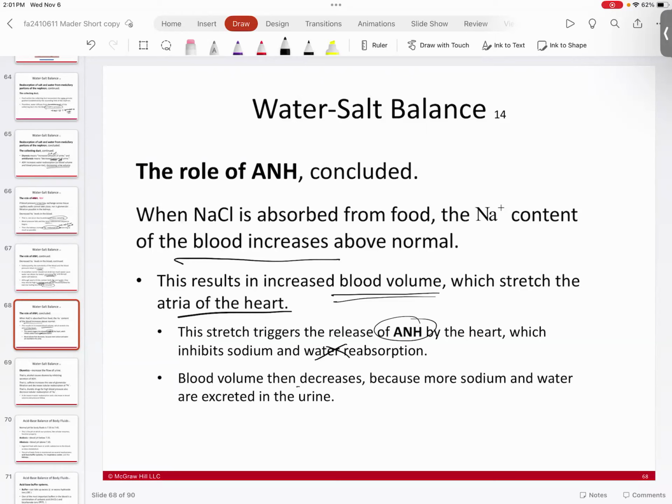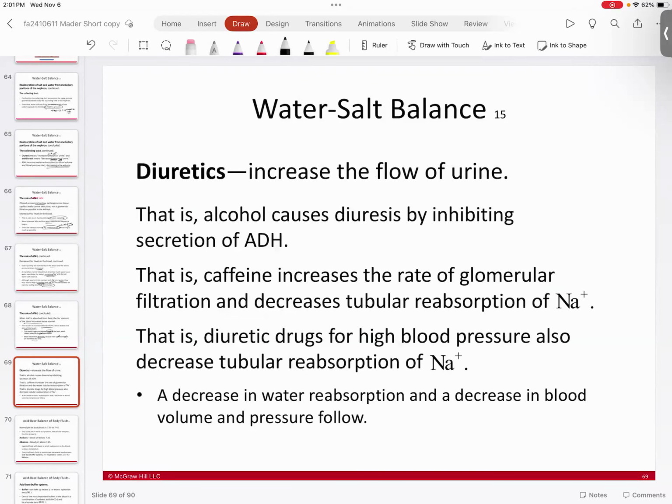And then the blood volume is going to decrease, bringing that back down. And then you're going to dump sodium and water into your urine stream to get rid of that excess blood volume. So basically, the two of those, ADH on the trough response, what I call a trough response in homeostasis, and ANH as the peak response. Okay.